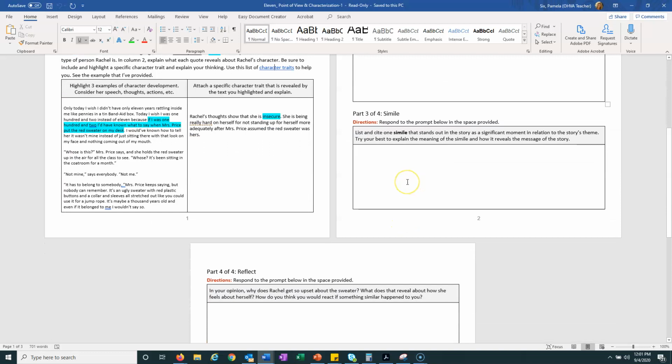Section 3, you are going to list one simile that stands out in the story that's significant to what you feel the story's theme is. And remember, theme is that big overall statement. It's not one word.